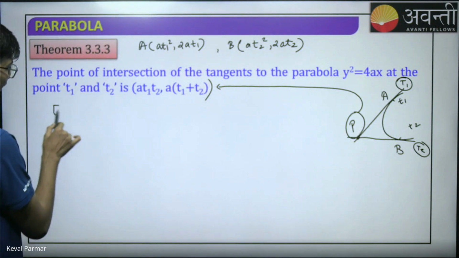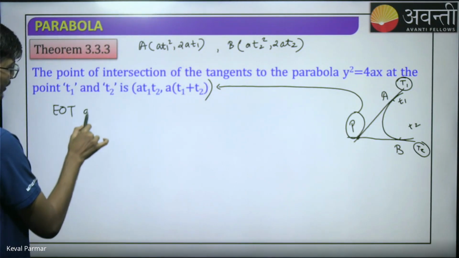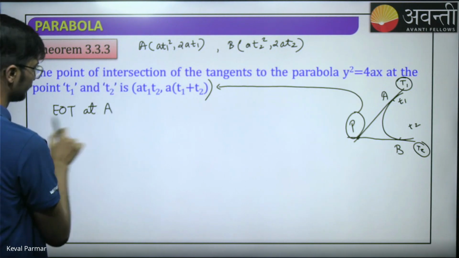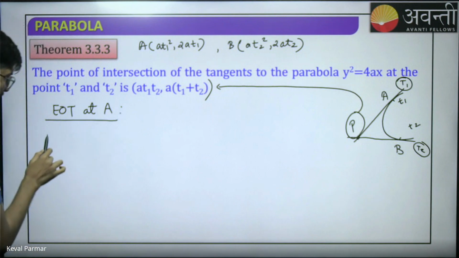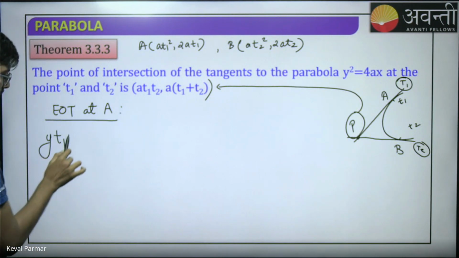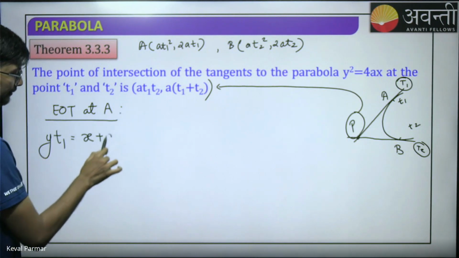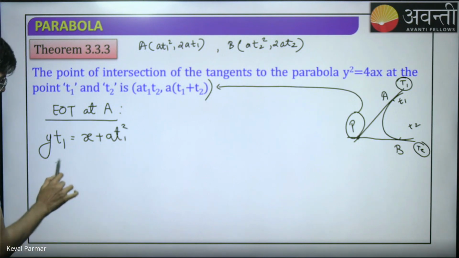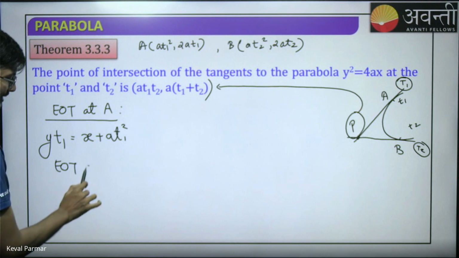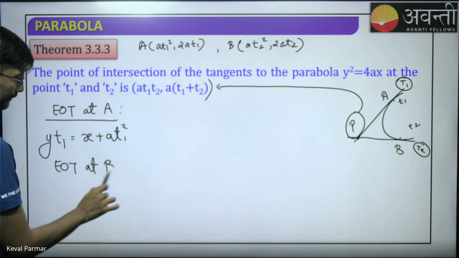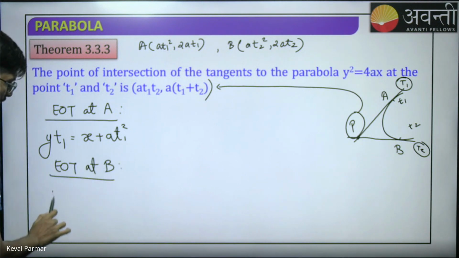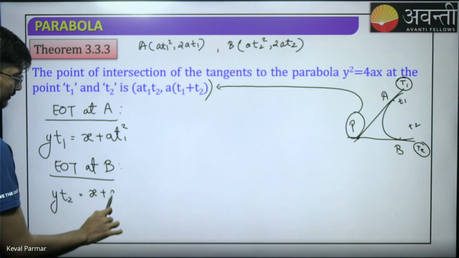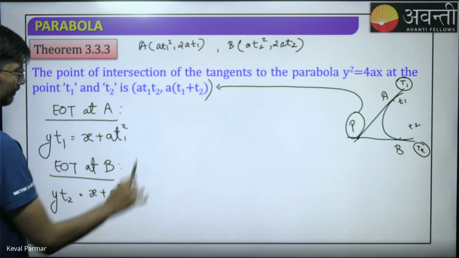So equation of tangent at point A. What was the equation of tangent? yt = x + at square. Instead of t, we have t1. Now, equation of tangent at B. Same, we'll get y t2 = x + a t2 square.